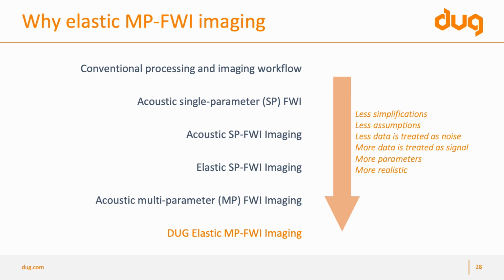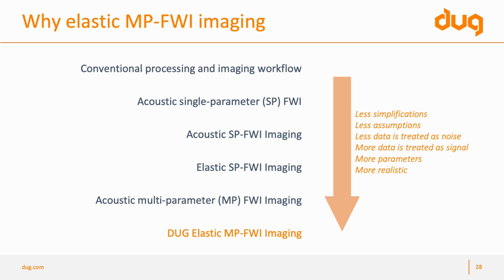As we transition from a conventional processing and imaging workflow through acoustic single-parameter implementations of FWI to finally arrive at our latest elastic multi-parameter FWI imaging solution, we are using a more and more accurate model of the physics of sound wave propagation. That is to say, our multi-parameter Earth model is now more realistic.